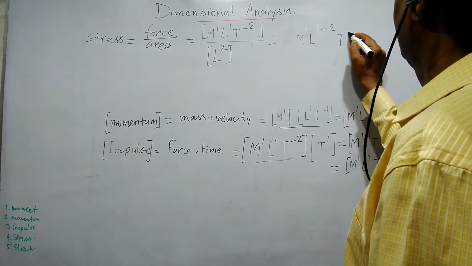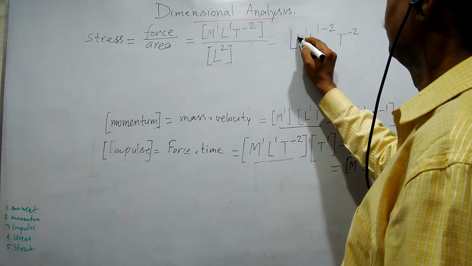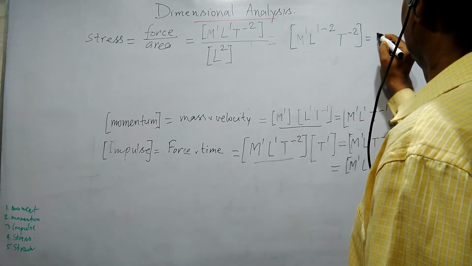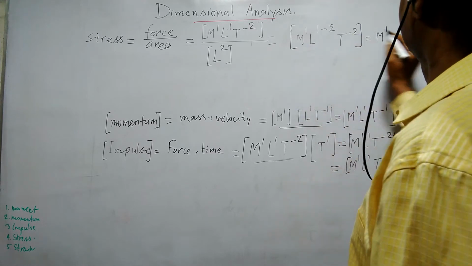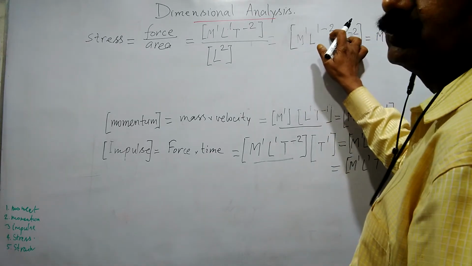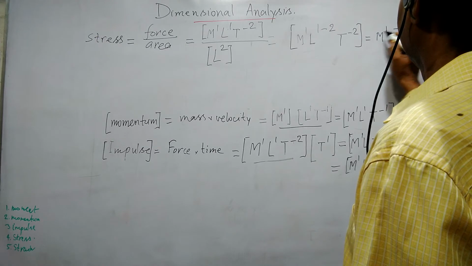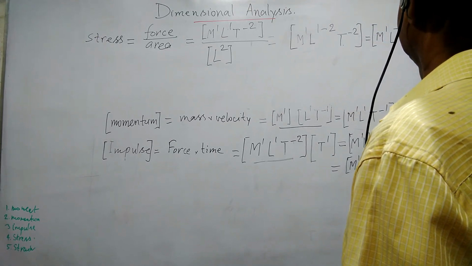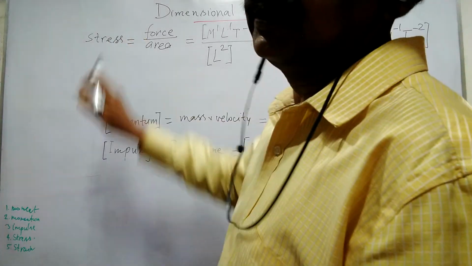Then this becomes M to the power 1, L to the power 1 minus 2, that is minus 1, and T to the power minus 2. This is the dimensional formula of stress.